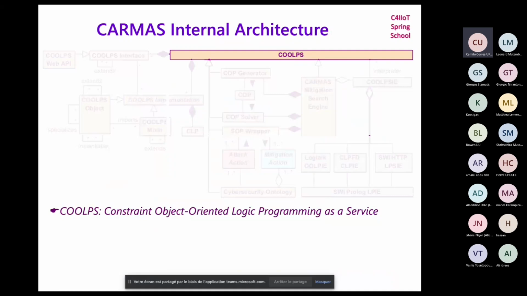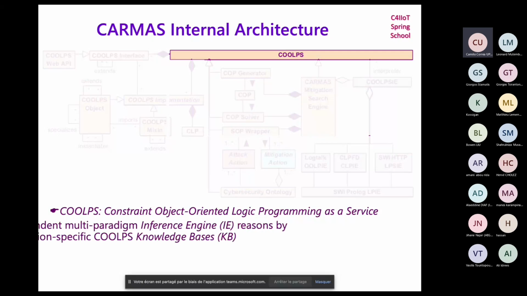So now let's actually dive into the actual architecture of the application itself. So we'll go over it piece by piece, and we'll see how it all comes together as a single whole. So let's begin with the highest level view. So essentially, you have a constrained object-oriented logic programming as a service, as the guiding paradigm for everything we're doing. But there's a question of how do you actually manifest this as a software system you can use.